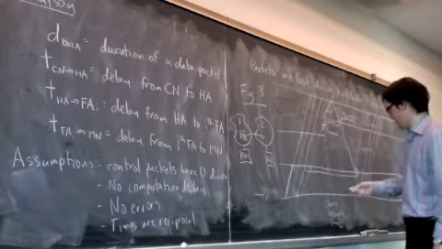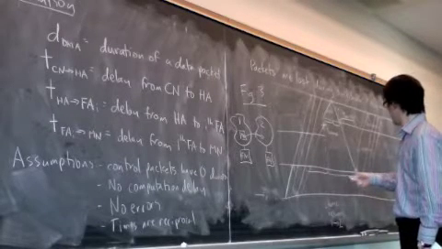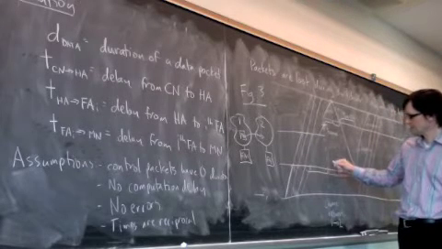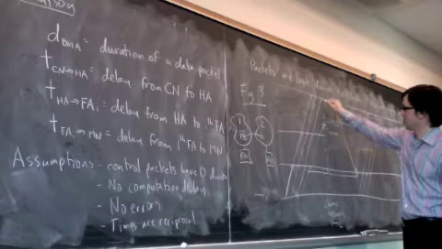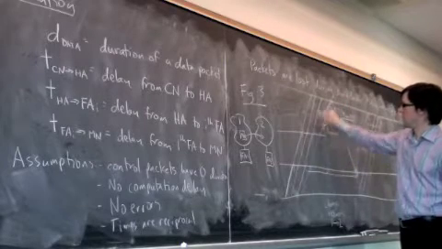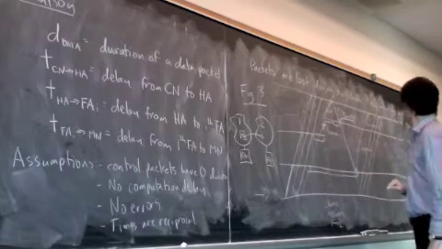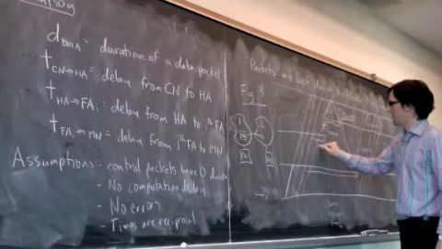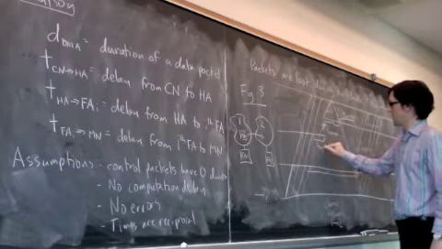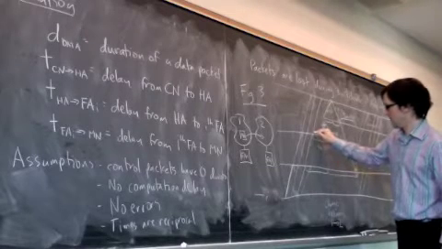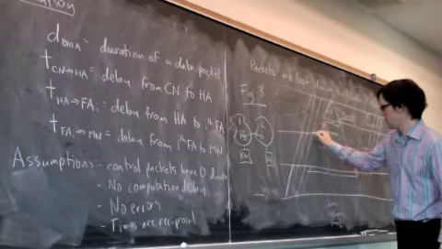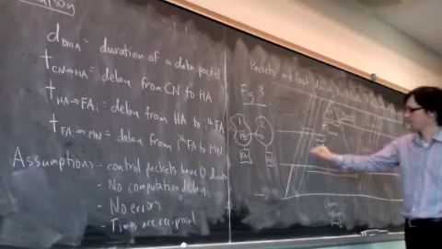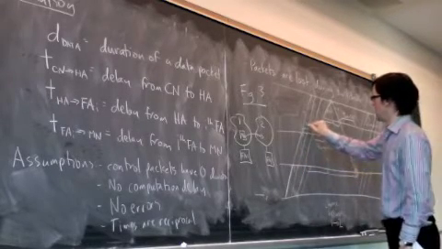Now the delay before we change networks is exactly these two. So that is T FA1 to MN, and this there is T HA.